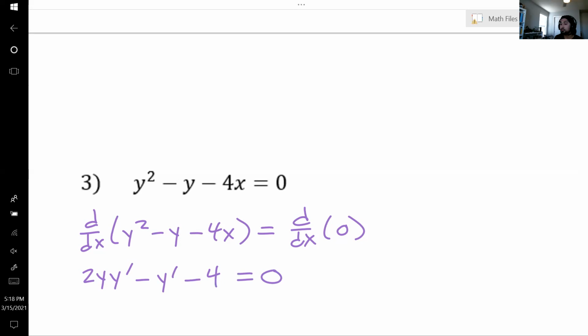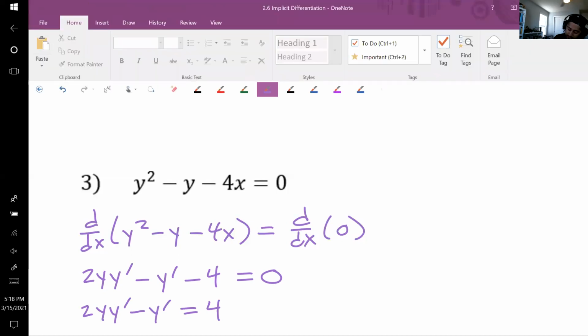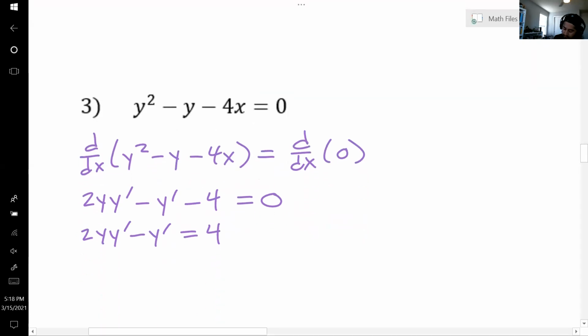Okay. And now, after you take the implicit derivative, your goal is just solve for y prime. So this means move that 4 over, and we'll have 2y y prime minus y prime equal to 4. And then to solve for y prime, you notice that what could you factor out on the left side?